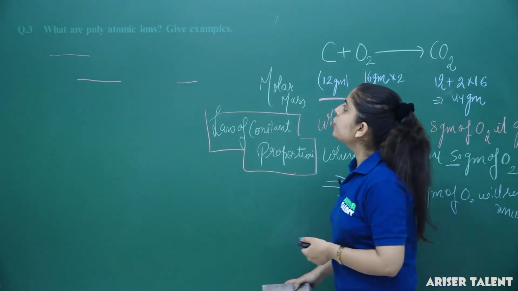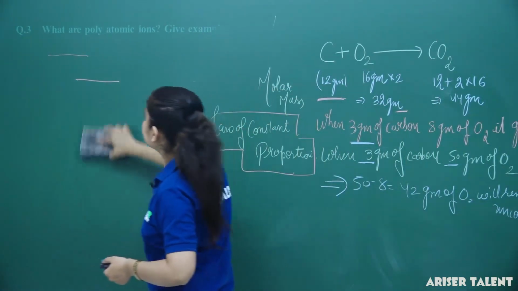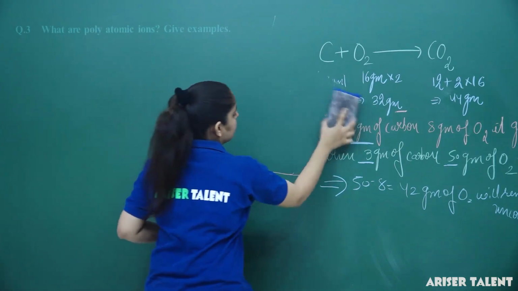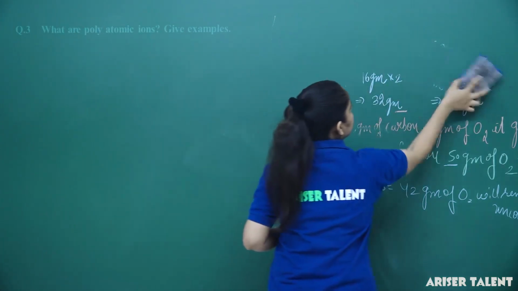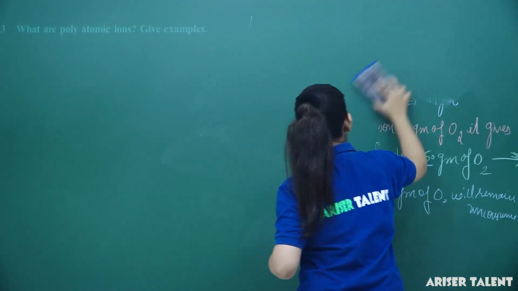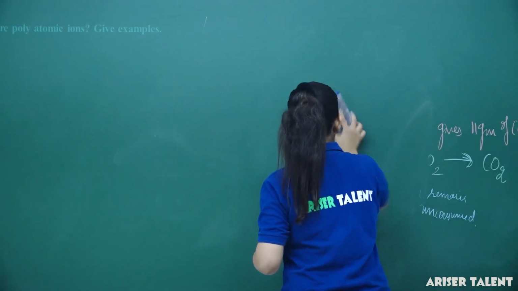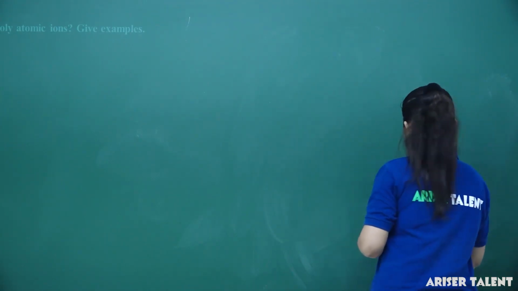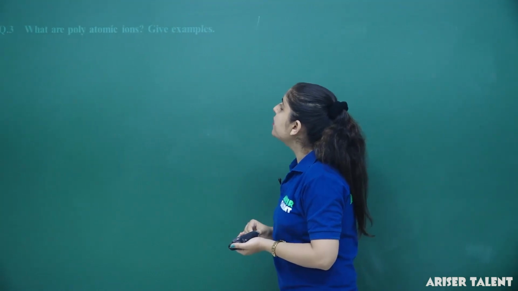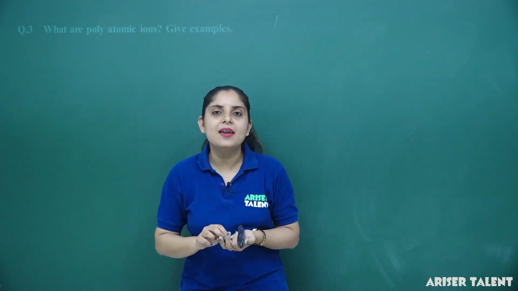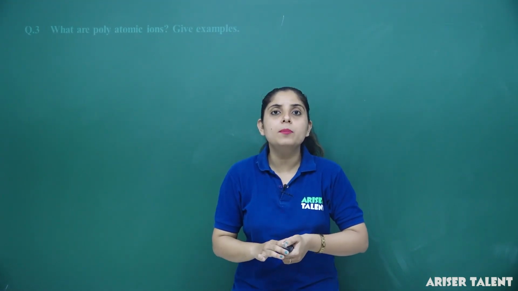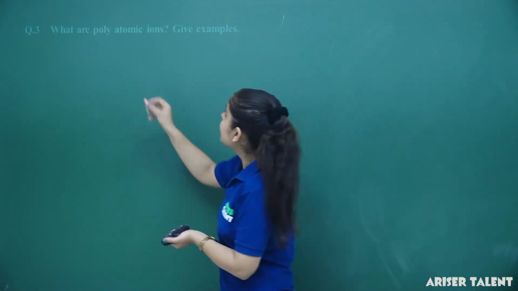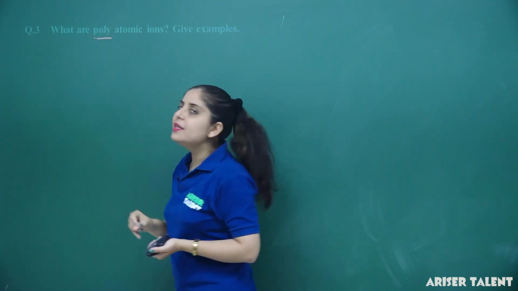What are polyatomic ions? Give example. Now, this is a simple definition. Polyatomic ions are actually the ions which are formed by the combination of more than one type of ion or atom. As its name suggests, it is poly. Poly means many.